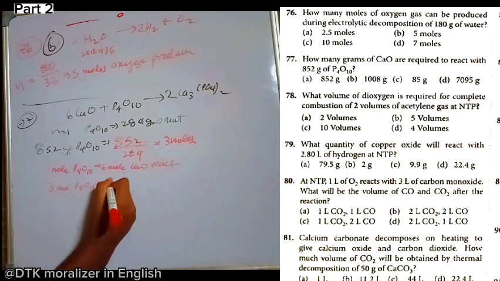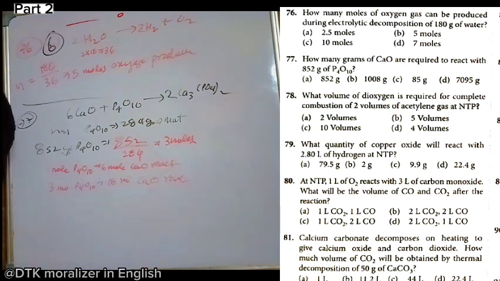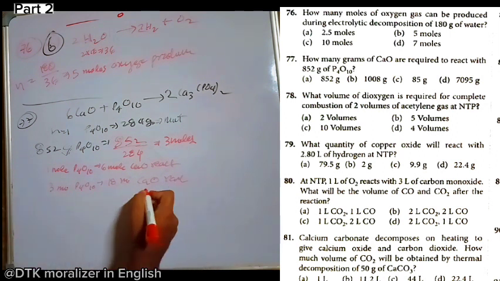Here 1 mole of P4 gives 6 moles of calcium oxide reacted. For 3 moles of P4, 18 moles of calcium oxide are required.